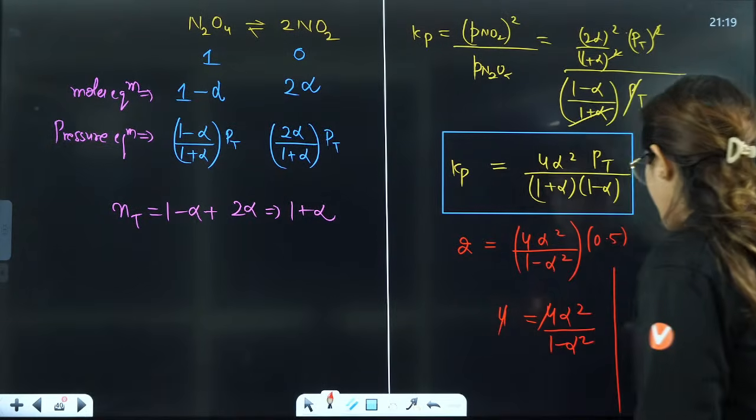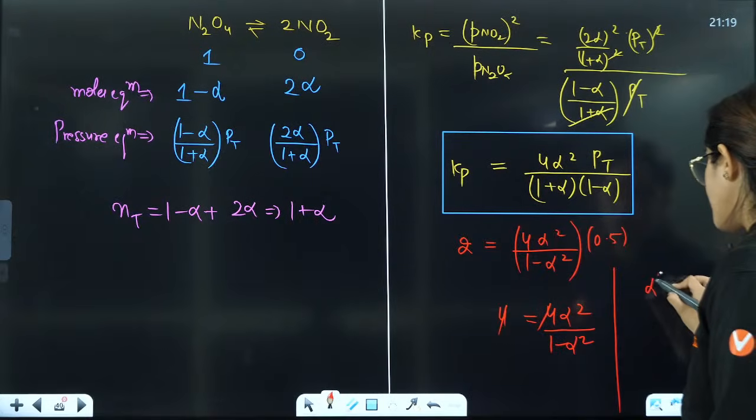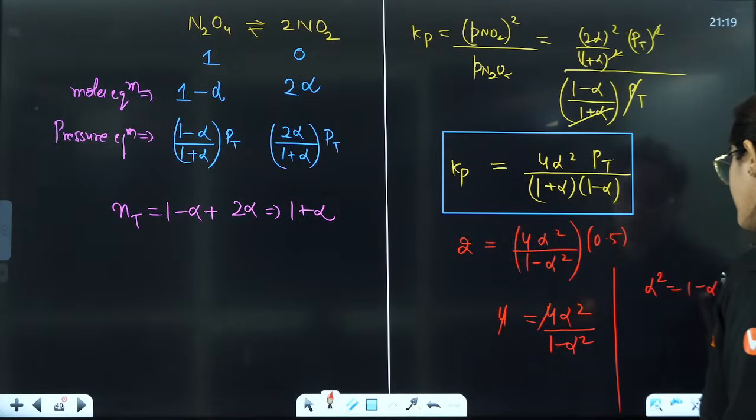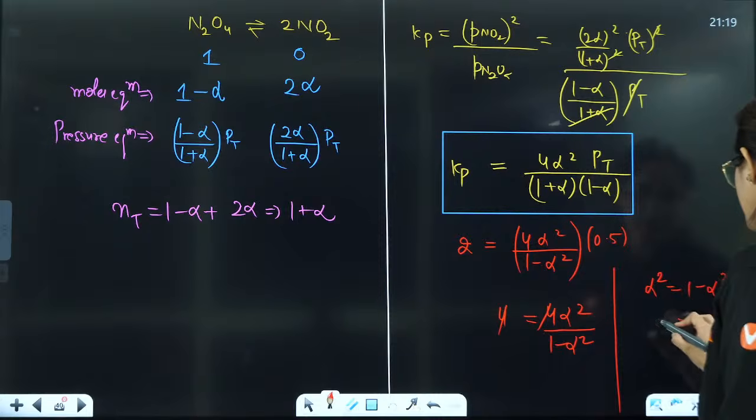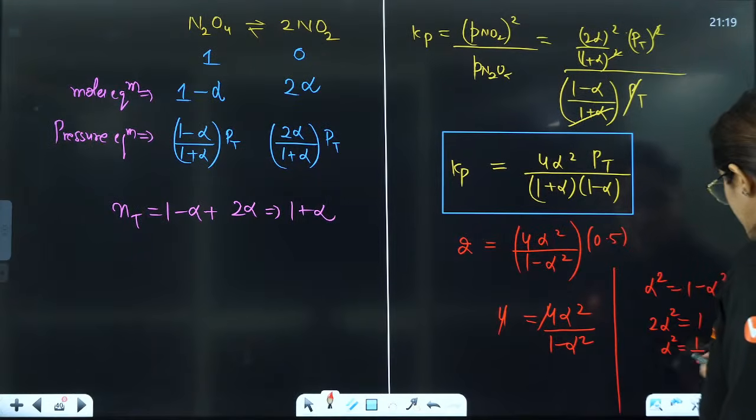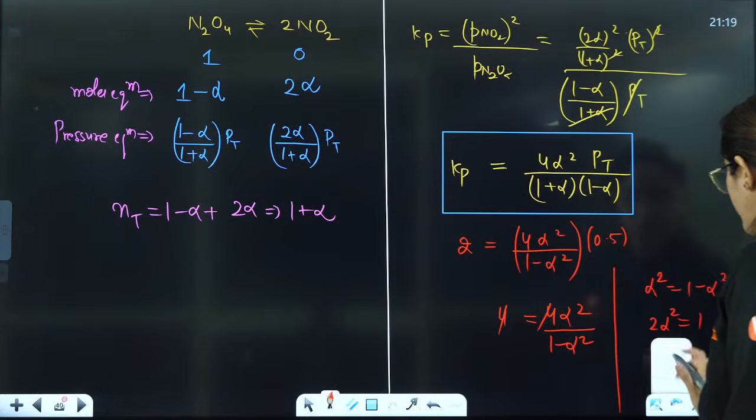So we can say that alpha square is equals to 1 minus alpha square. That means 2 alpha square is equals to 1, alpha square is equals to 1 by 2. So alpha is equals to under root of 1 by 2.